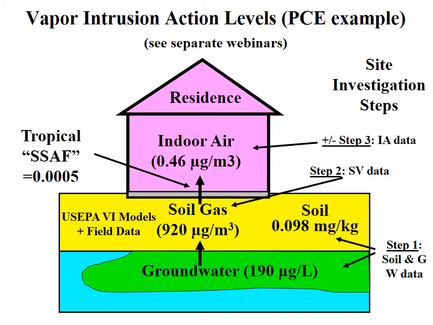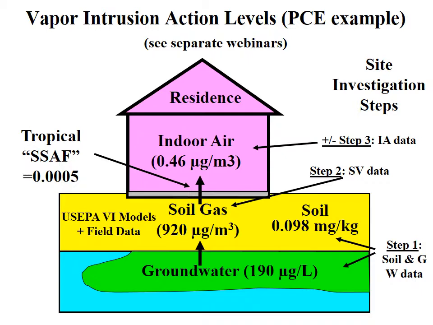Now we use EPA's vapor intrusion models to develop action levels for vapor intrusion for soil and for groundwater that we would predict would generate this concentration of PCE in soil gas, or soil vapors, immediately under the slab, or 920 micrograms per cubic meter. If you run this through the models for soil, it predicts the action level we looked at before, 0.098 milligrams per kilogram. For groundwater, the models would predict an action level of 190 micrograms per liter.